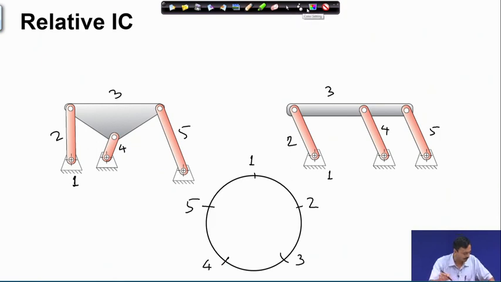Now, let us look at the relative ICs. So, I know I12, I know I23, I know I34, I know also I35, I know I41 and I know I51.